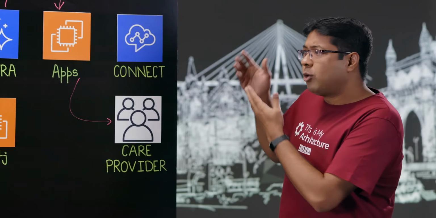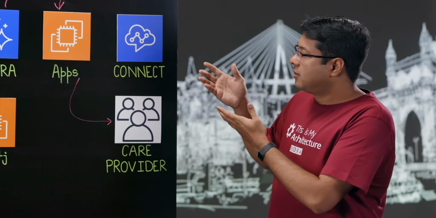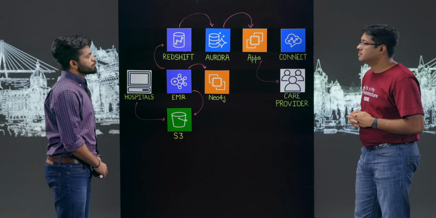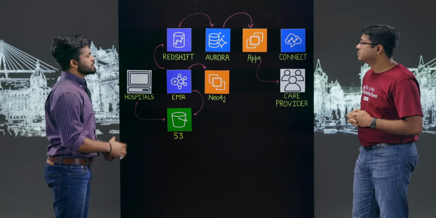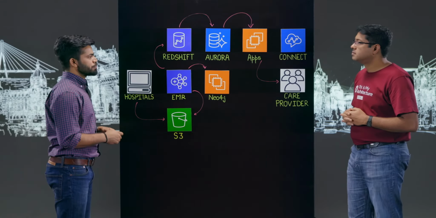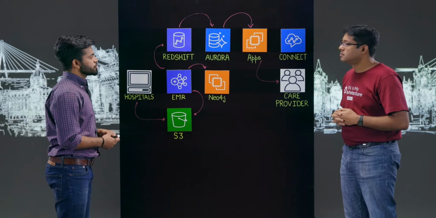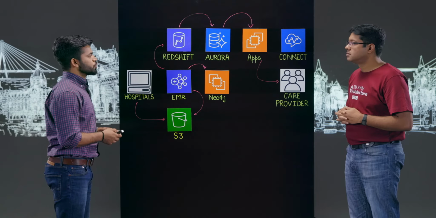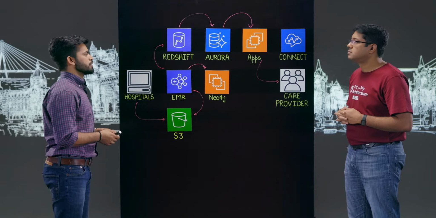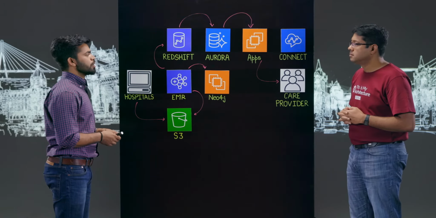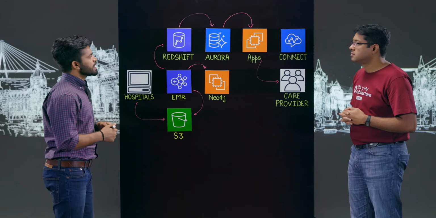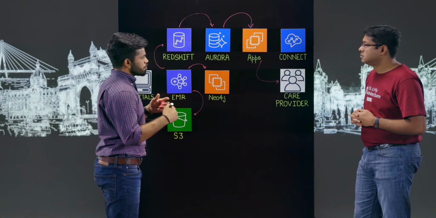Okay, so this is great. I also see Amazon Connect here. So tell us a bit about how you're using Amazon Connect. Yeah. A typical use case would be once the data system has identified and tagged patients who require medical intervention, a care provider, typically a health coach, would call that patient and request a visit or ask them to take their medications on time. Now we have removed that flow.